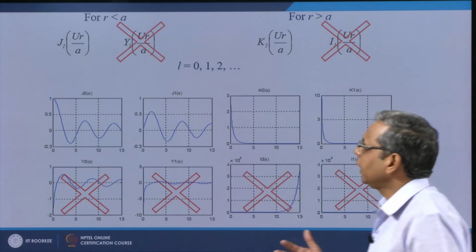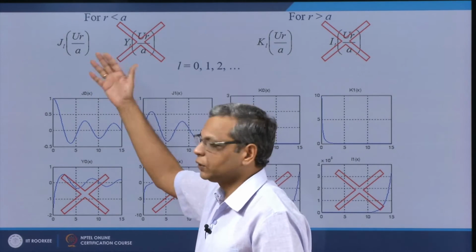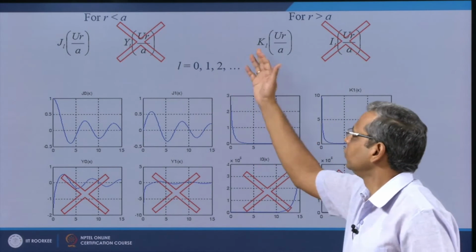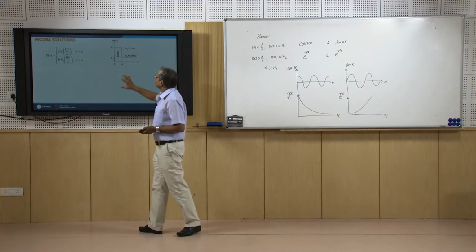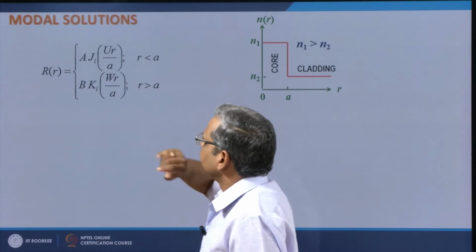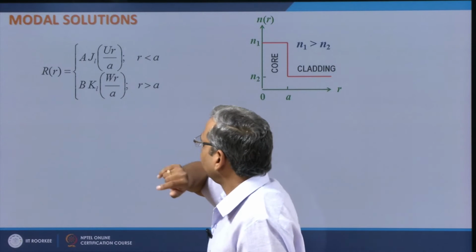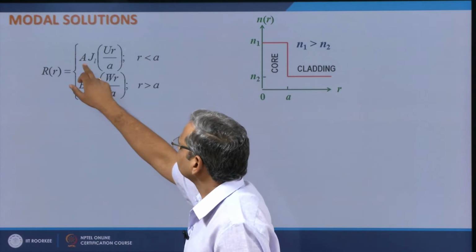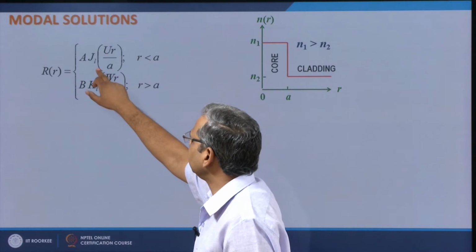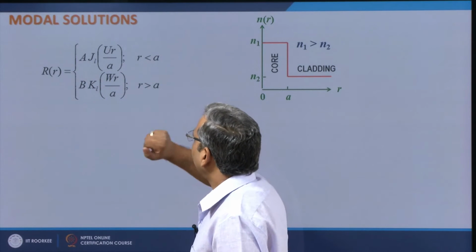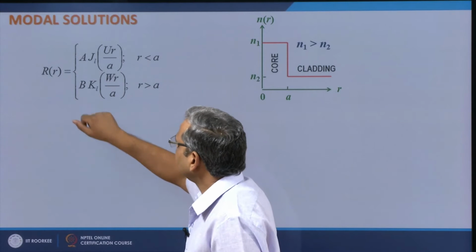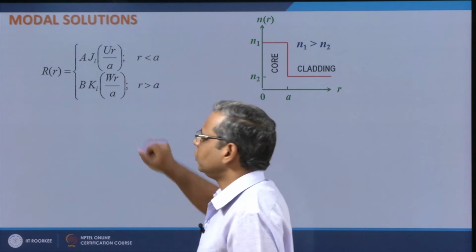So, now I have the solution in the core and the solution in the cladding. What are the solutions? If this is the fiber, then the radial part has the solution some constant A times J_L of UR over a in the core, and in the cladding some constant B times K_L of WR over a.